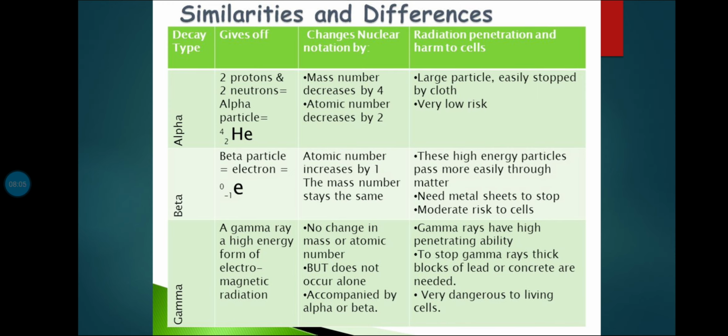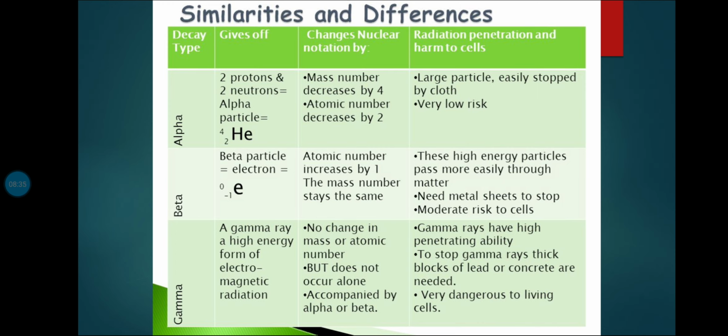Whenever alpha decay takes place, it gives off 2 protons and 2 neutrons. The alpha particle is equal to a helium nucleus. The nuclear changes: the mass number decreases by 4 and the atomic number decreases by 2.